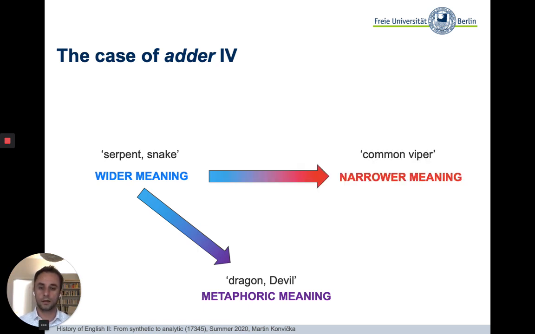And from this wider meaning, then another thing developed, which nowadays is the normal thing, when the word adder actually only refers to the common viper, right? So what you see is the narrowing of a meaning. In the beginning, the word meant snake in general. Nowadays, it only means a very specific type of snake. Okay.